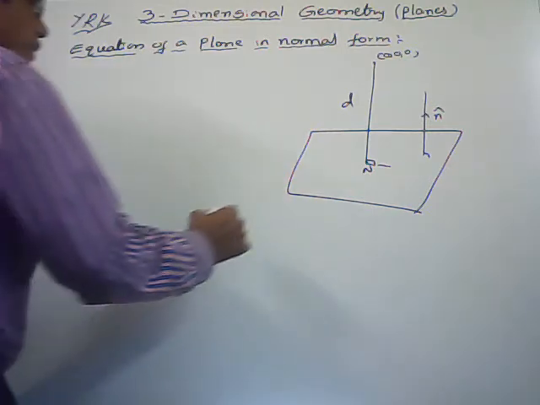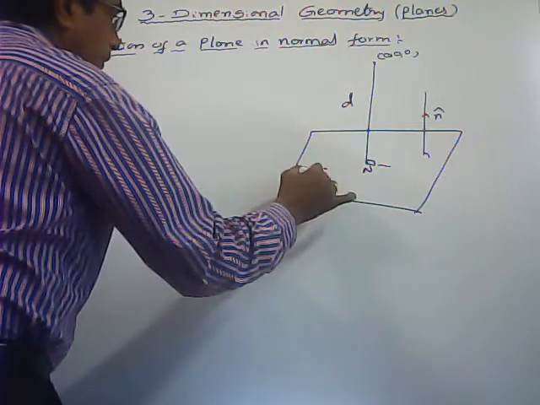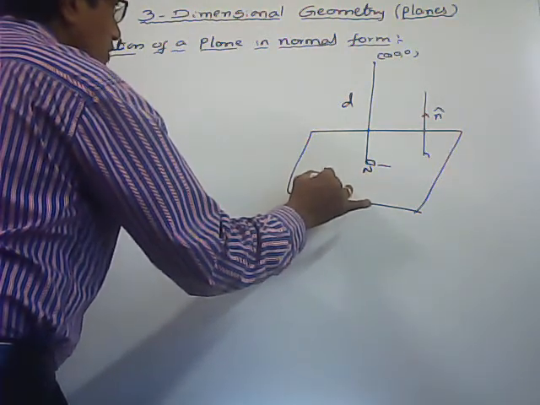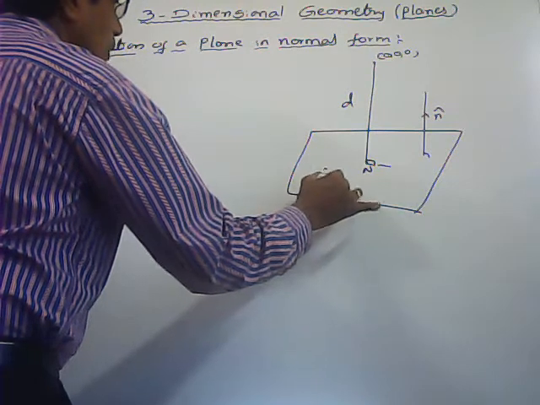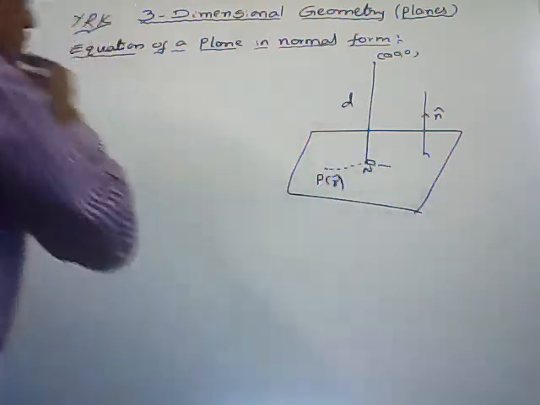So here I am taking one variable point P, whose position vector with respect to the origin, OP bar, is equal to R bar. Join these two.